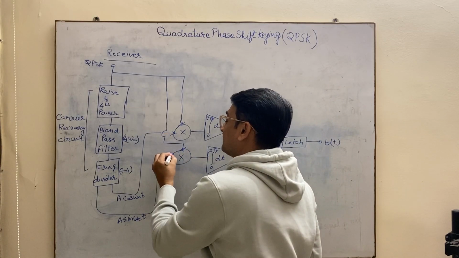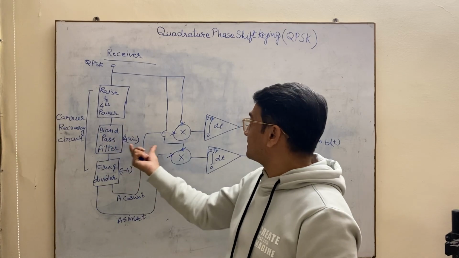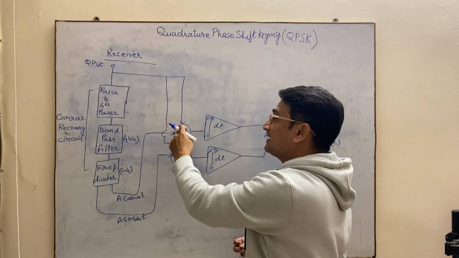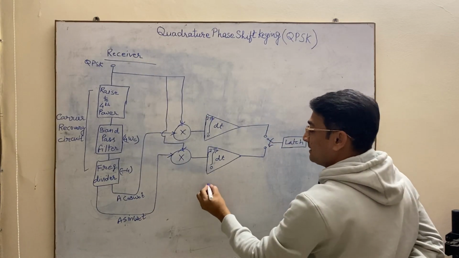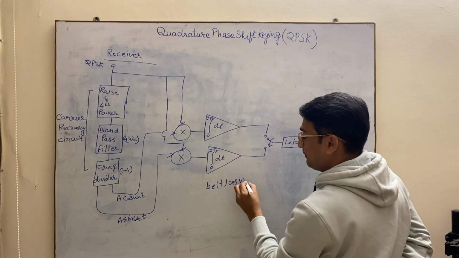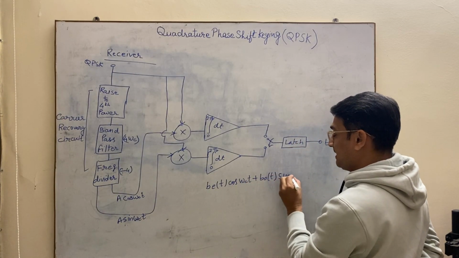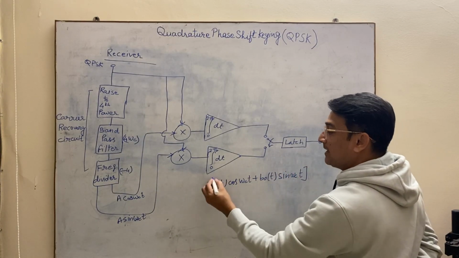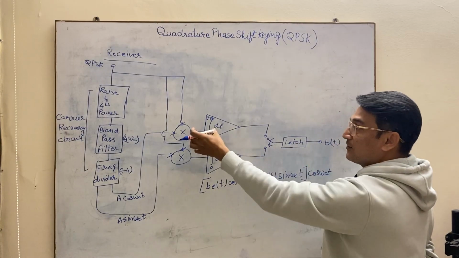The second input of this multiplier is the carrier which we extracted from these blocks. So this multiplier will multiply the QPSK signal with its carrier. Suppose the QPSK signal is BET cos omega ct plus BOT sin omega ct. It will be multiplied with cos omega ct from this end.